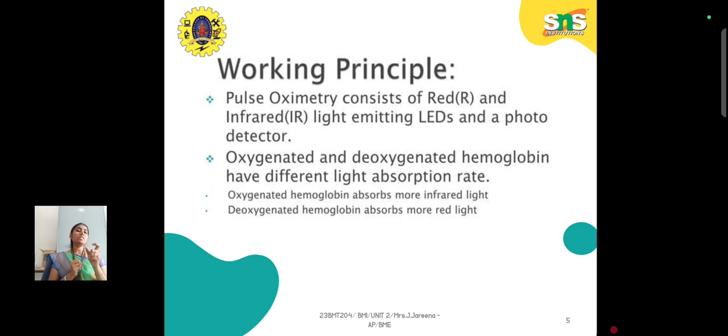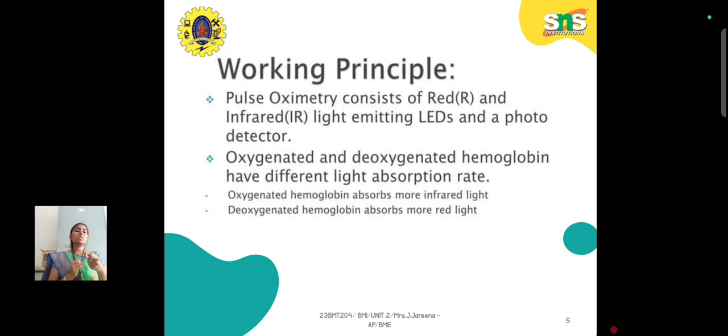So that is the reason in pulse oximetry we have light as the input source. When we pass the light, because of the very good optical properties of oxyhemoglobin and deoxyhemoglobin, the absorptions will vary based on their capacity, and from the absorptions we can easily calculate the amount of oxy and deoxyhemoglobin present in the blood.